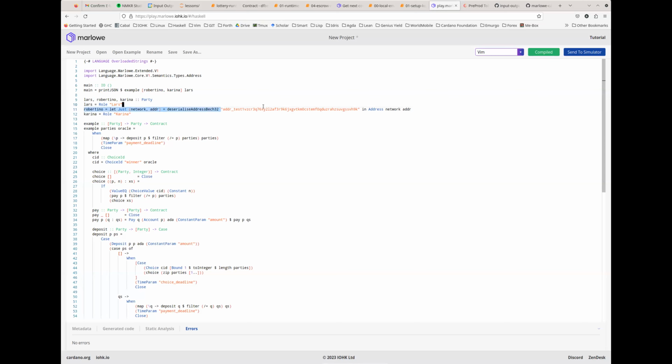And this string format, I never know how to pronounce it, bech32. But anyway, that's a common format that is used by explorers and so on to specify Cardano addresses. And you can see that it's an address, and test that it's a testnet address. So mainnet addresses wouldn't have this test here.